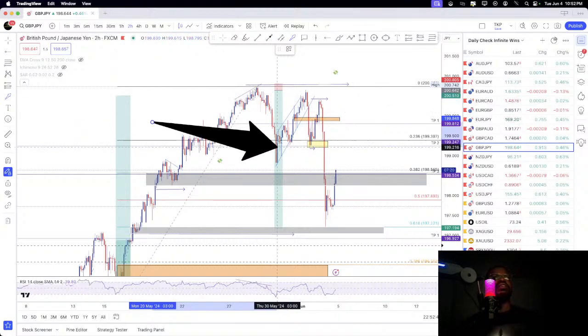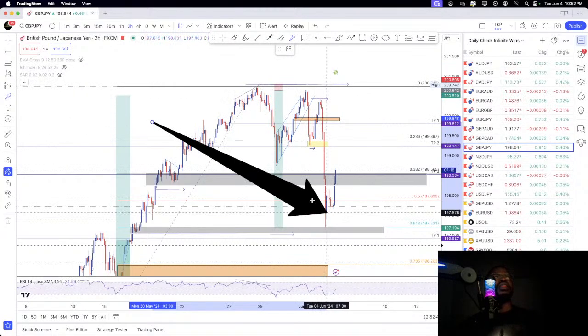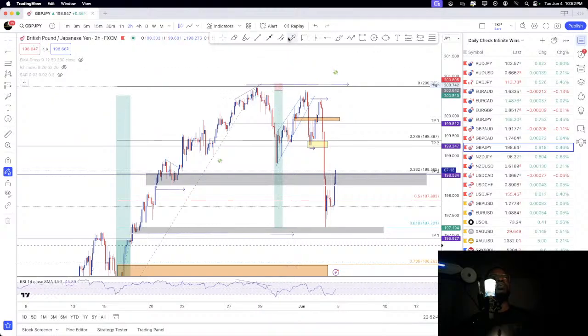From there, we took this sell, and this thing went absolutely amazing. This was our entry from this retest. Boom, and then everything just got active. And all from learning how to identify a few simple patterns.